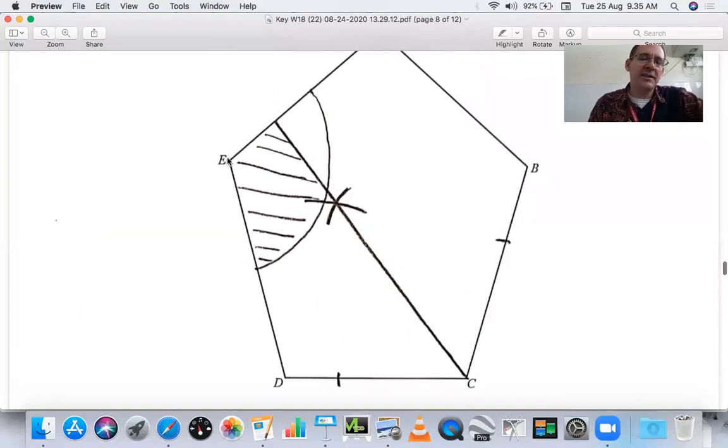Put the pointy part at E, which is going to be our center, and then just rotate that 3 centimeters in a circular arc. But you do not have to go all the way around E, because it just says in the pentagon. So you just have this partial sector here, the sector of a circle.